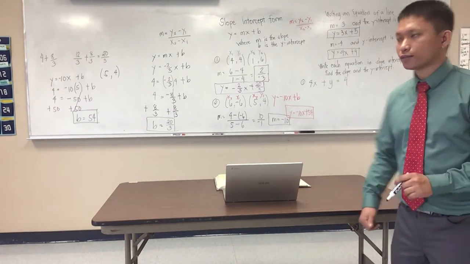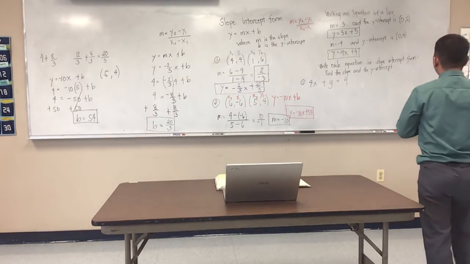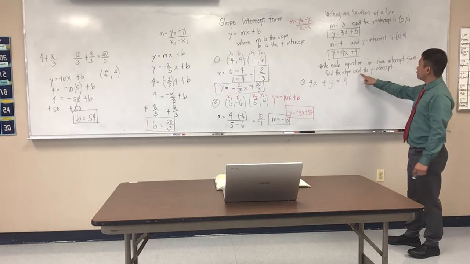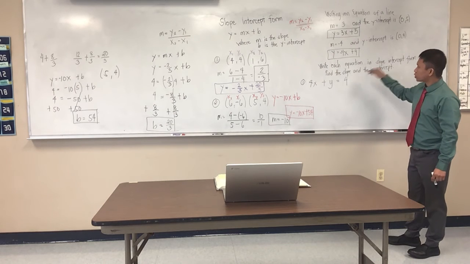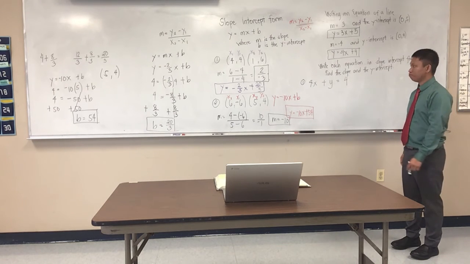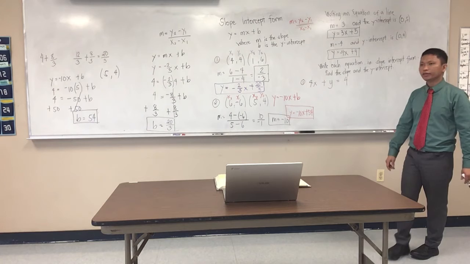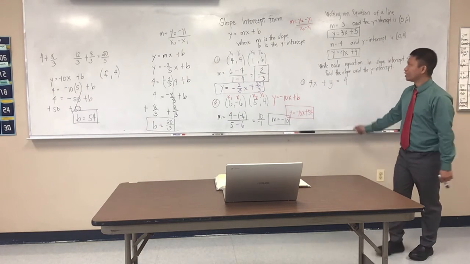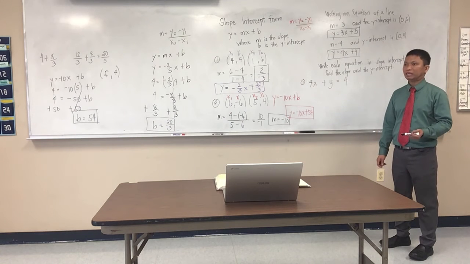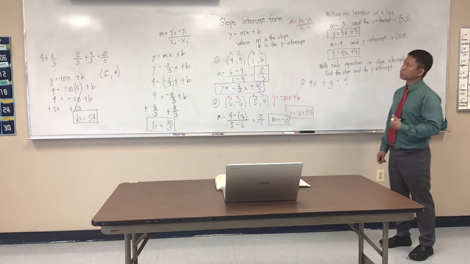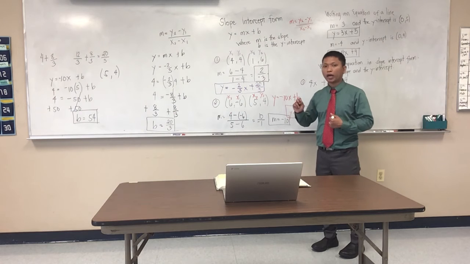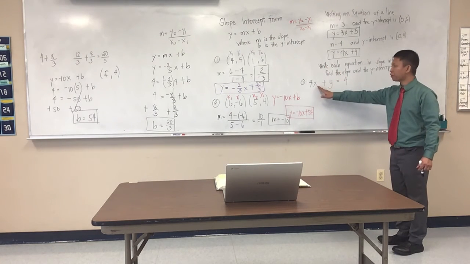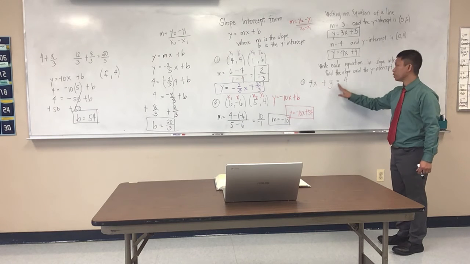Next, what if we are going to write an equation in slope-intercept form, where we need to find the slope and the y-intercept. This time we are given an equation that is not in slope-intercept form. Again, the slope-intercept form is y equals mx plus b. So we have here given 4x plus y equals 4.